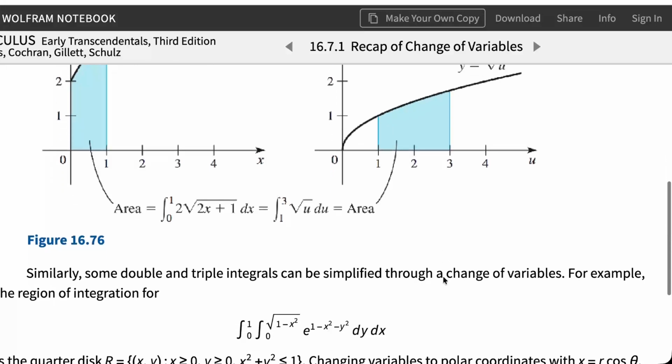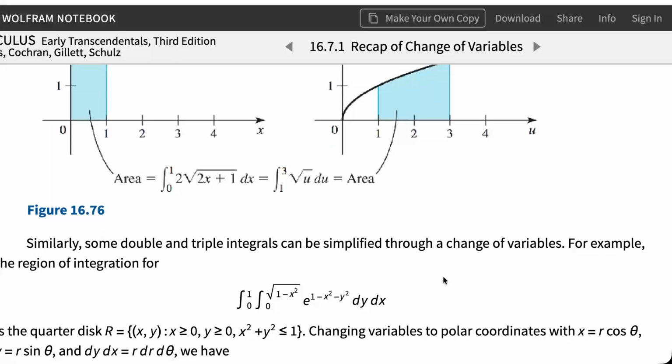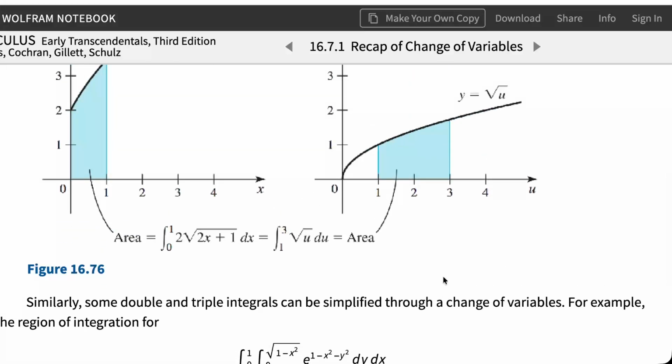There's a factor, though, that contributes to how we do things. Area in the x space, the y and x coordinate system, and area in the y and u coordinate system aren't the same, but they are related. And the relation is, how did we change dx into du? We needed du to be 2dx.